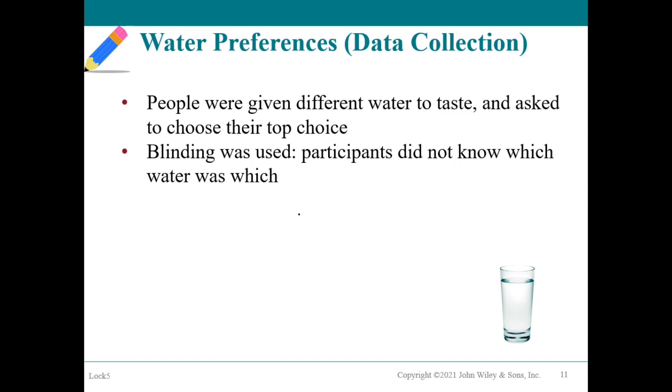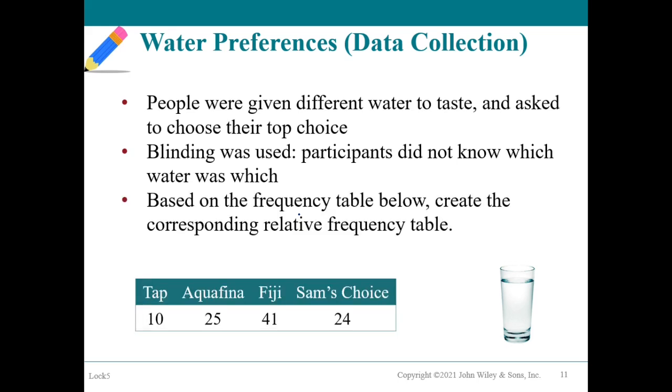There is another example here. People were given different water tastes and asked to choose their top choices. This is a blindfolded kind of study, so they don't know what kind of water they are using. Based on that, we have a frequency table here. As you can see, tap water, Aquafina, Fiji, Sam's Choice.